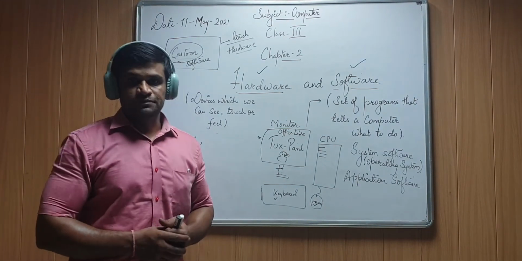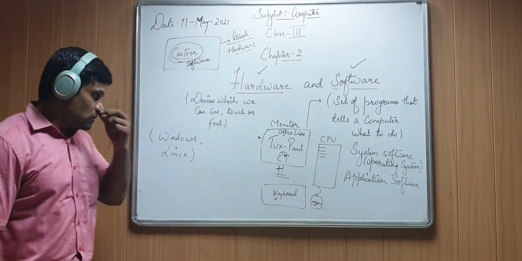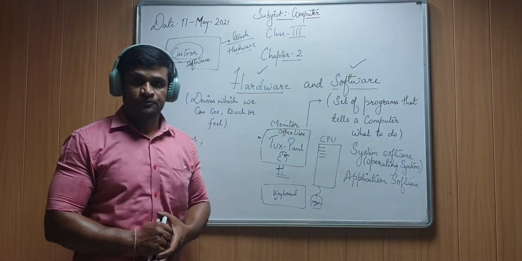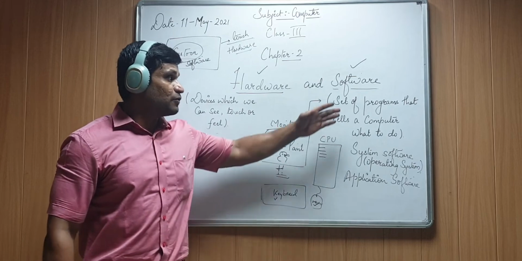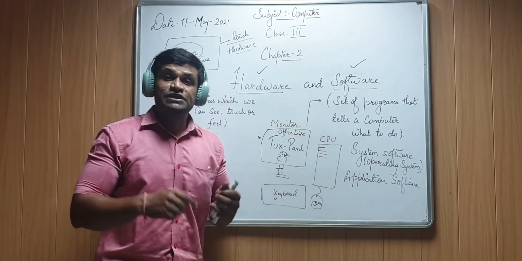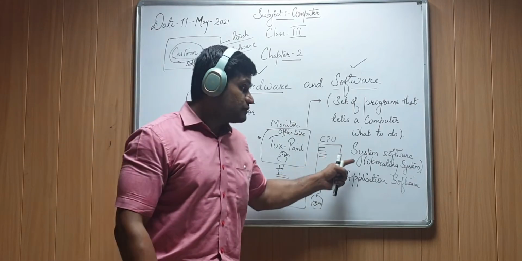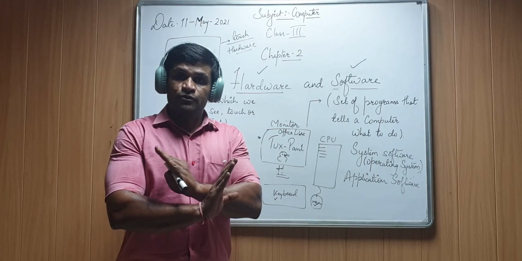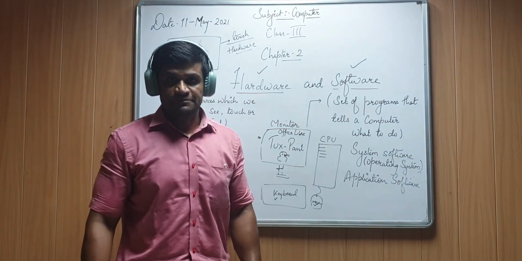The most common operating system in our homes is Windows, Microsoft. So they are the set of programs which tells the computer how to work. They are the main software. Without operating system, your computer will not work. And it is necessary to have operating system.